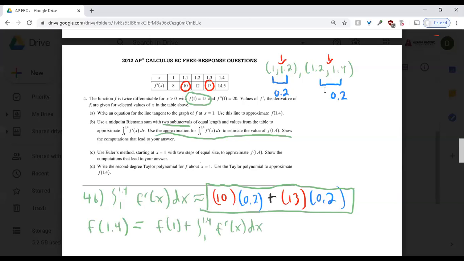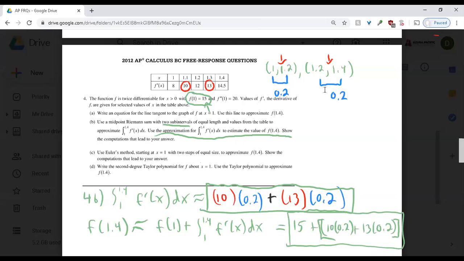So this is going to equal, maybe I should say approximately, f of 1, it tells you right here it's 15, plus what we just found on part B, which represented our approximation. So it's going to be 10 times 0.2 plus 13 times 0.2. So you're just adding 15 to your answer from part A.